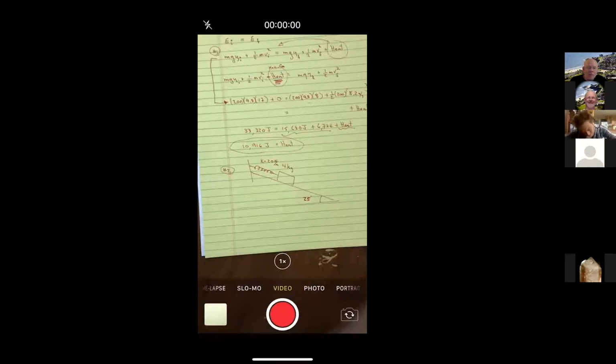If I let it go, it won't move. So I'm quite sure that is not what the author means here. The author means the spring's at its natural length, and it's got to stretch a little bit to come into equilibrium with gravity.